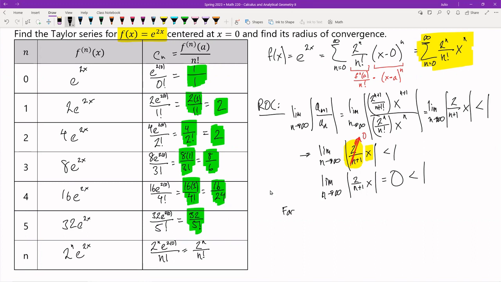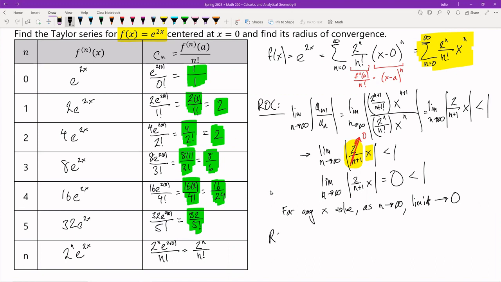So I'm going to summarize that in the phrase down here: for any x value, as n goes to infinity, the limit also tends to 0. So when you see this happen, hopefully this is the telltale sign.